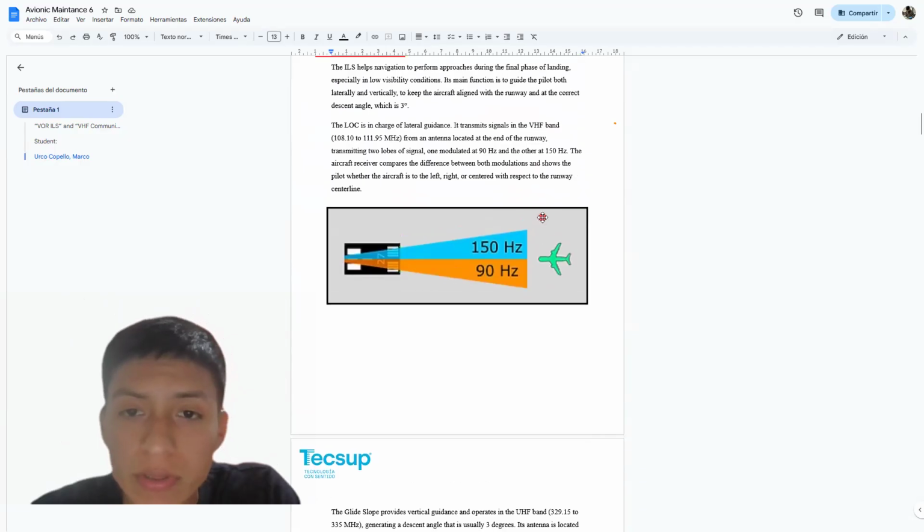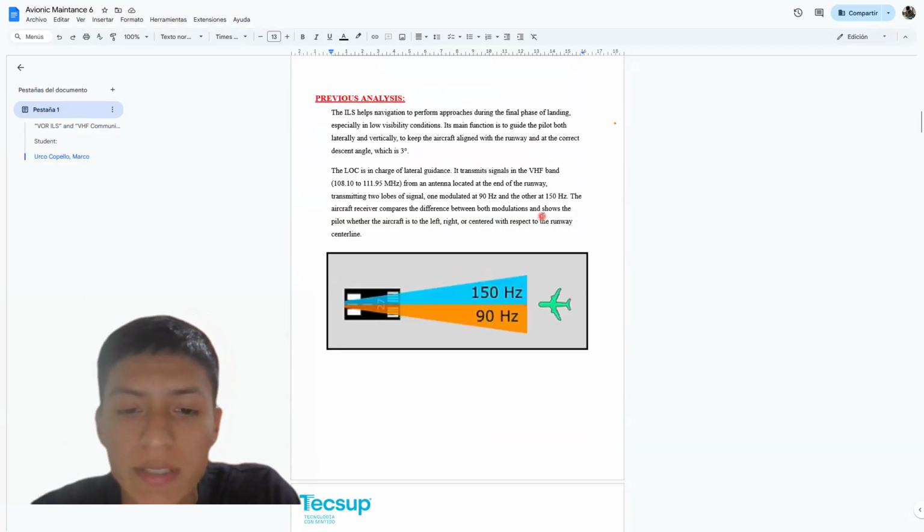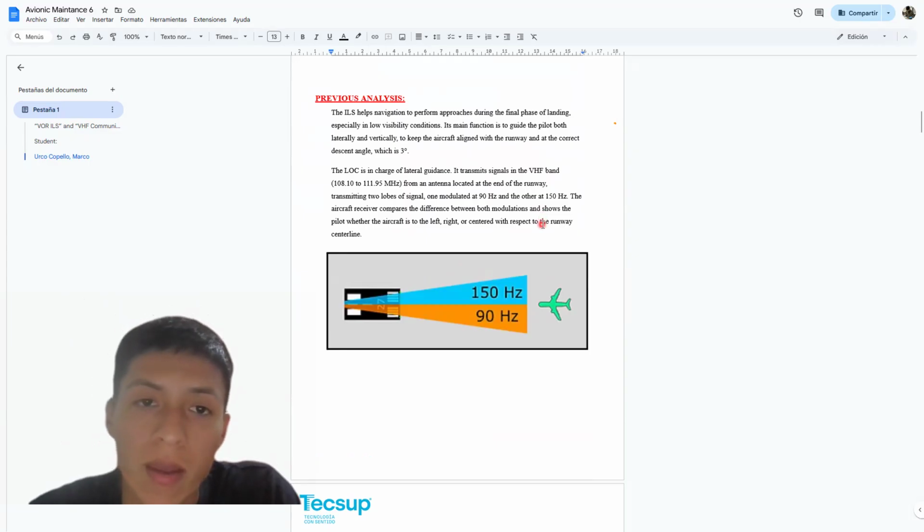For the VOR mode, I set the generator to a specified frequency, for example 108 megahertz, and verified that the CDI bar centered correctly when the course was on track.